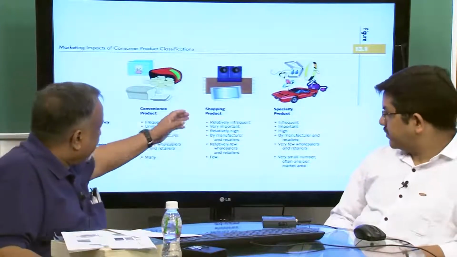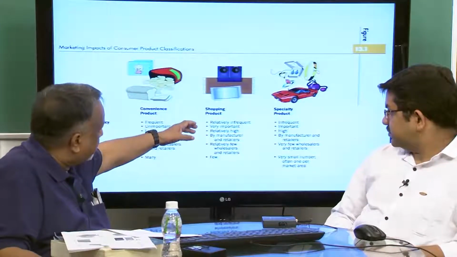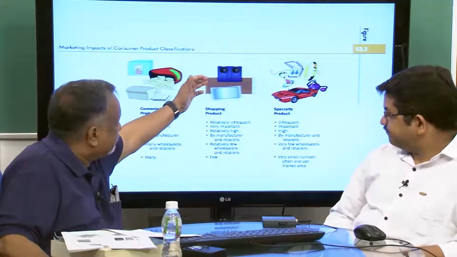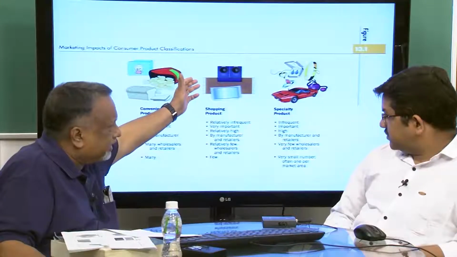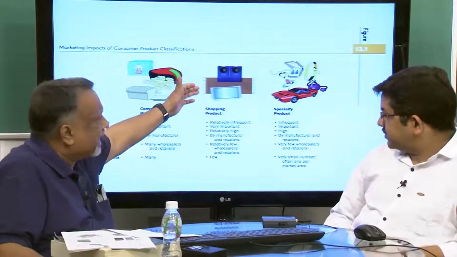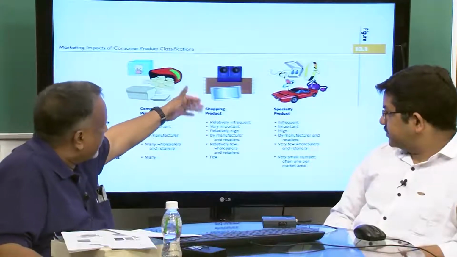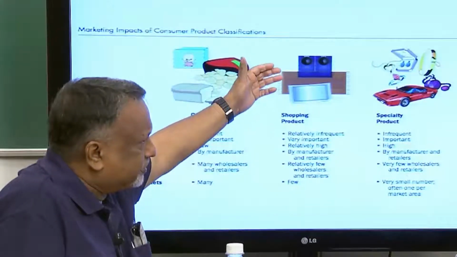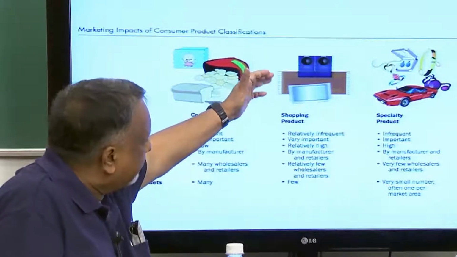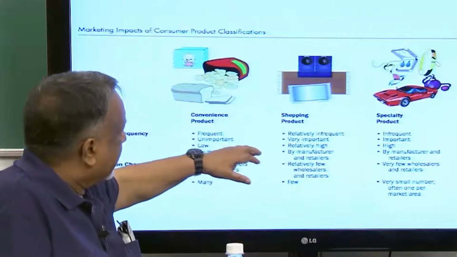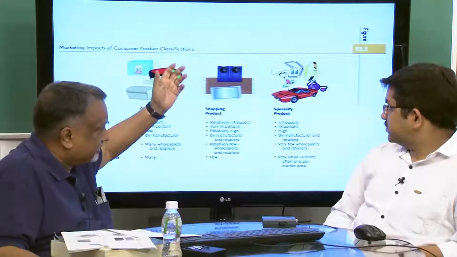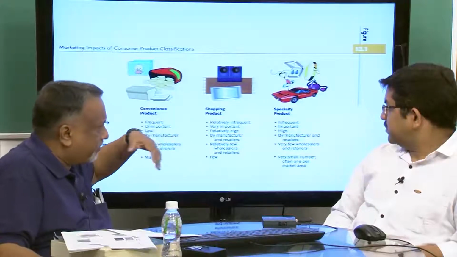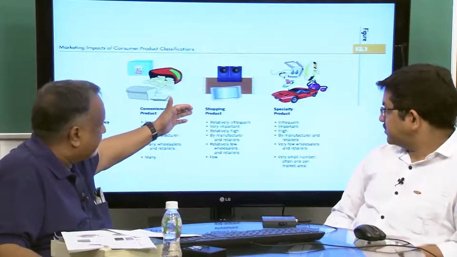Take the next lot, which is shopping product. As the picture shows, this can be a music system, a TV, or maybe a fridge. So, a little bit higher value, even your apparels, that means dresses etc., or shoes will come in this category. These are not purchased daily or weekly, maybe once a year or twice a year, or maybe once in 3 years or once in 5 years.